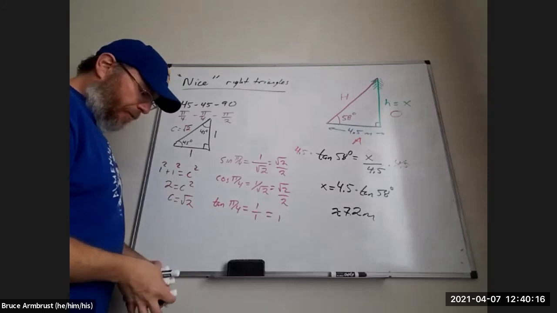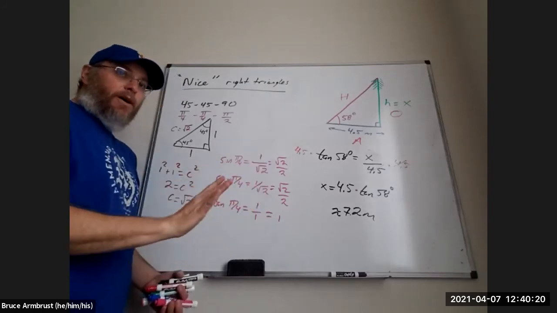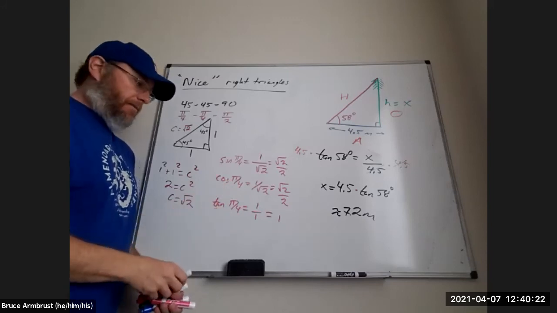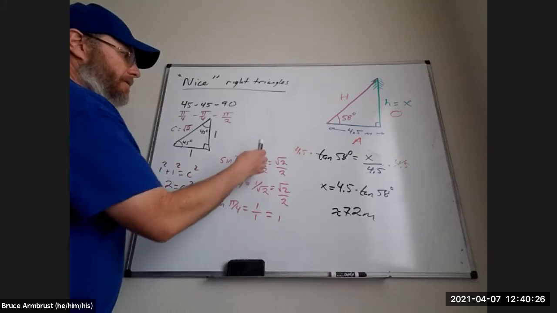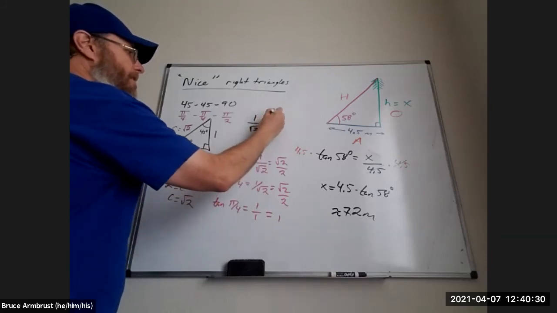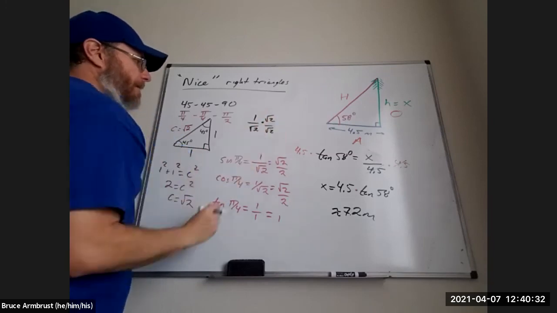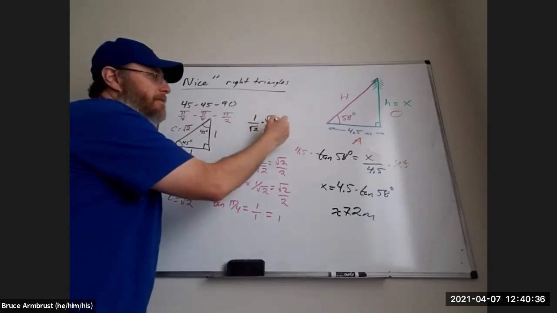Now, I do want to point out, I know I just changed the sine and cosine, and some of you are probably like, whoa, where did that come from? These I rationalized. Don't know how much you remember about rationalizing, but if you've got a radical on the bottom, you can just multiply by that same radical.